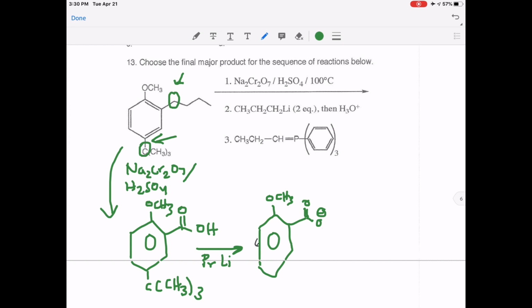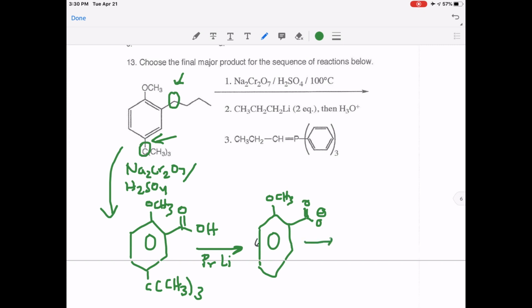So it makes it hard for the propyl group to easily attack the carbon at the carbonyl group. So instead it just deprotonates that hydrogen. So that's the first equivalent.